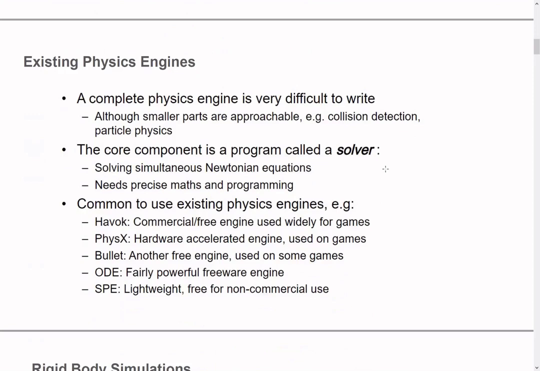The core component of these is a program called a solver. So solving Newtonian equations, then the precision in mathematics and programming algorithms, etc., is integrated into this core program called the solver.